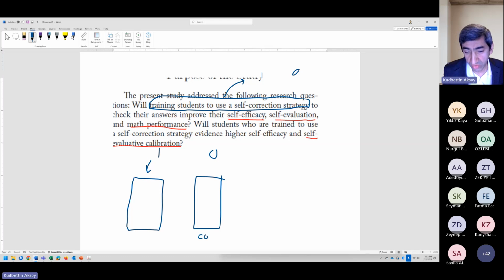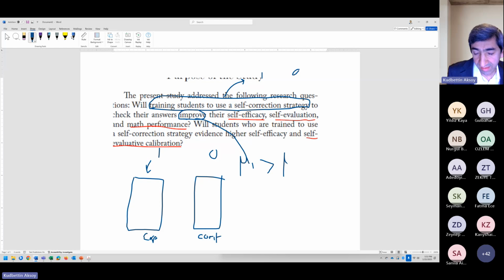A lot of times this is called the control group, and this is called the experimental group. This is variable 1. Variable 1 is categorical. It categorizes our study into two groups. And then, will this increase if we improve? So this is directional. People in group 1 are expected to have a higher overall average.